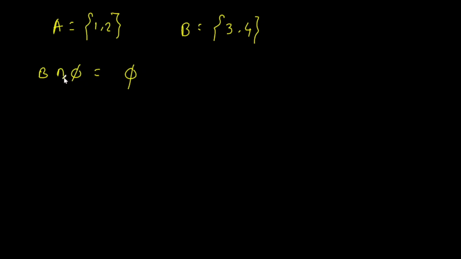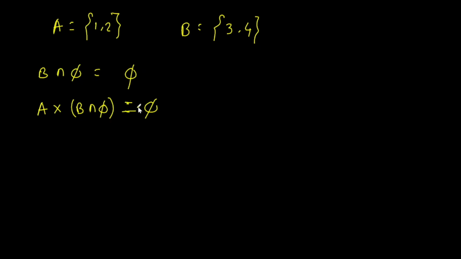So taking the common elements between a non-empty set and an empty set, we get the phi set, and A cross (B intersection phi) will also be phi. We discussed this rule; this statement is in our notes.